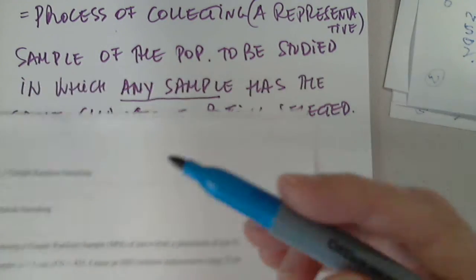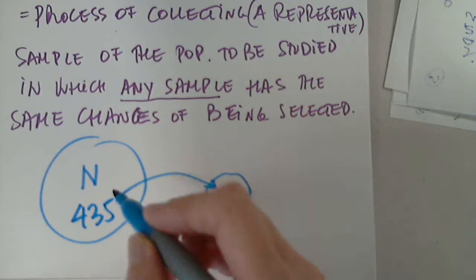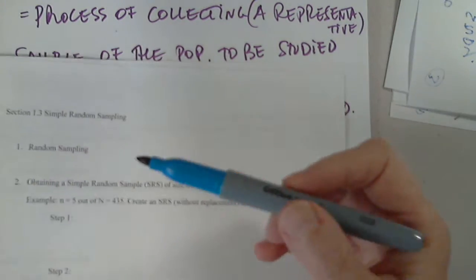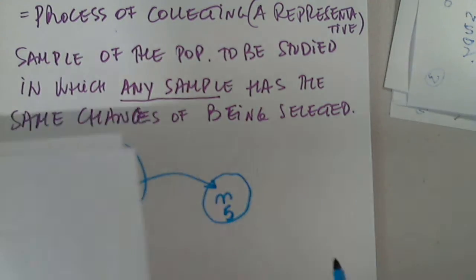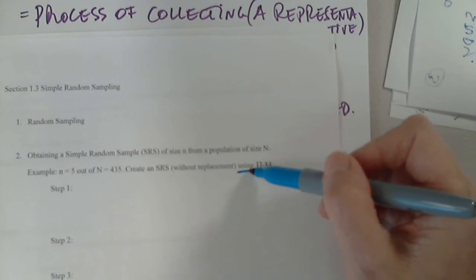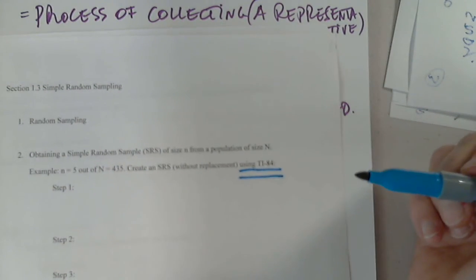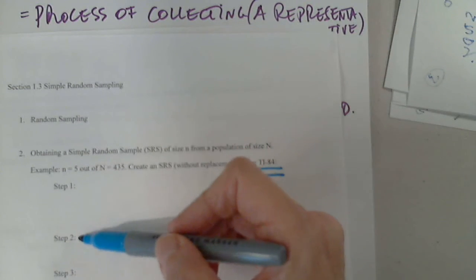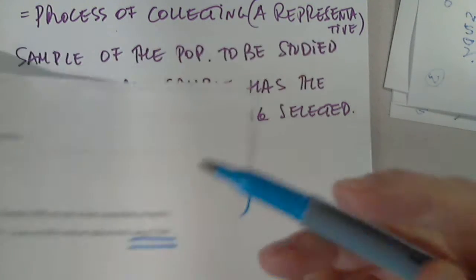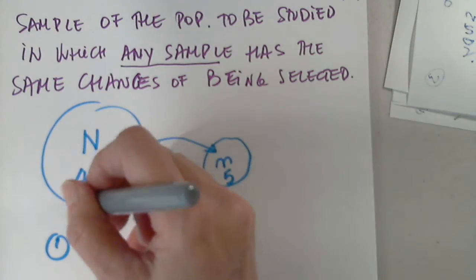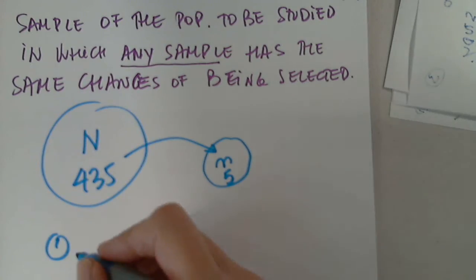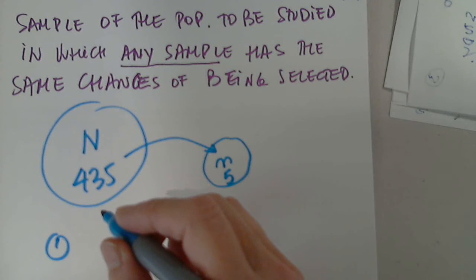Let's say we have a population of 435 individuals, and we want to select 5 of them. And we're going to use a TI-84, and we have 3 steps to go through. First step, we take the 435 people and we give them a number.